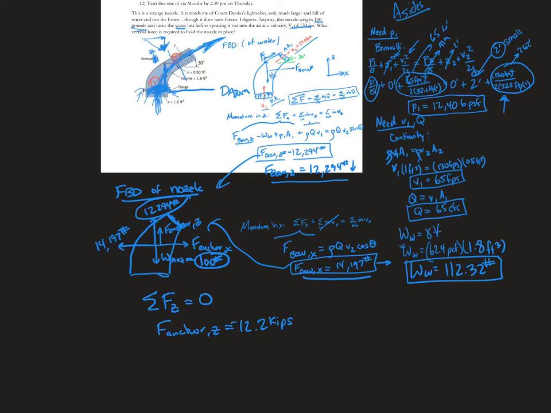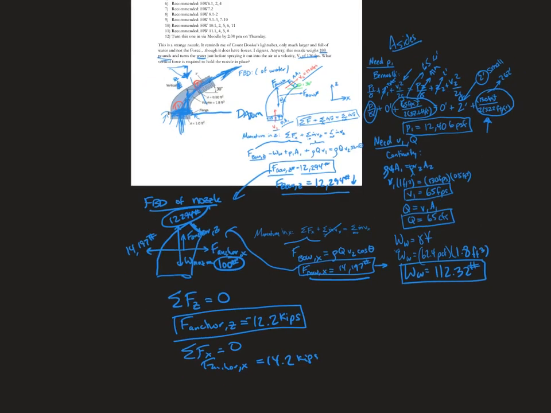It's going to have to be negative. And then we could do the sum of the forces in the X, and there's only one force in each direction, so F anchor in the X direction is going to be 14.2 kips.